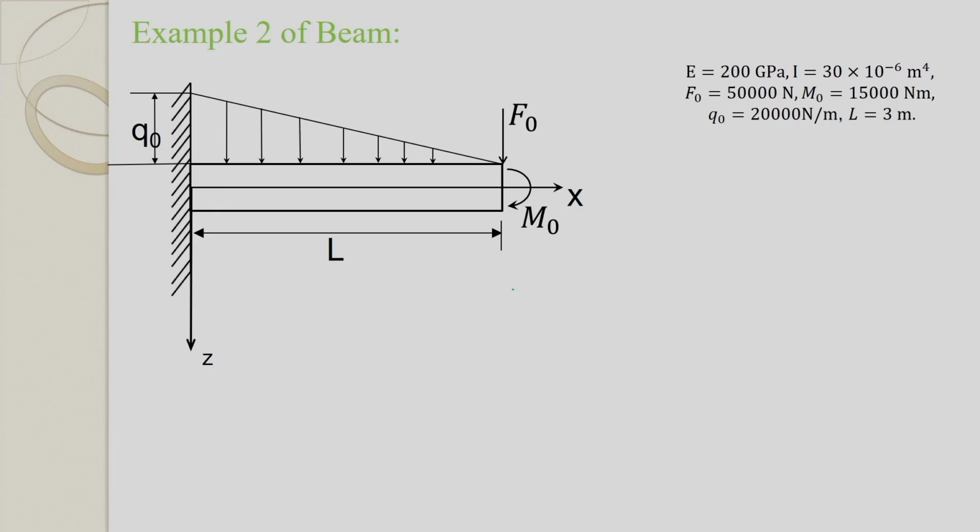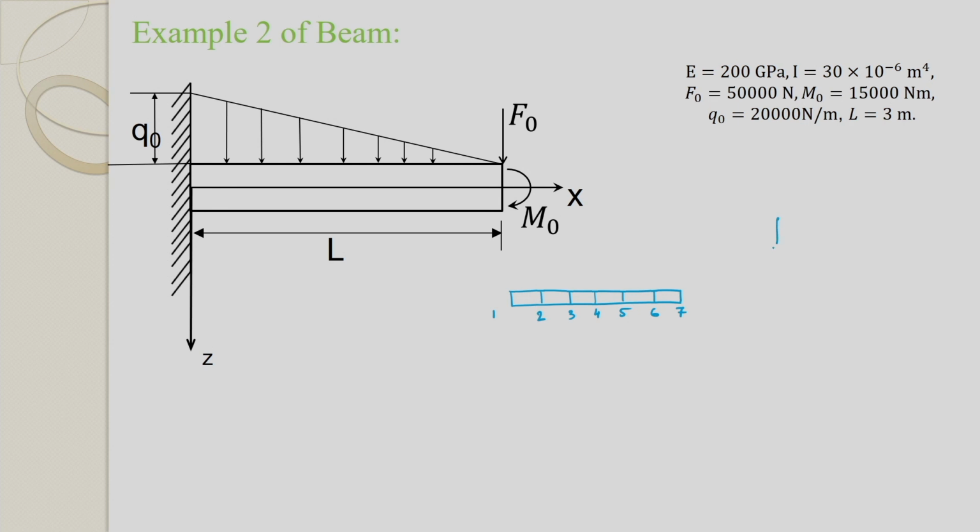So, suppose we have 6 elements, so we have total 7 nodes with interval 0.5.